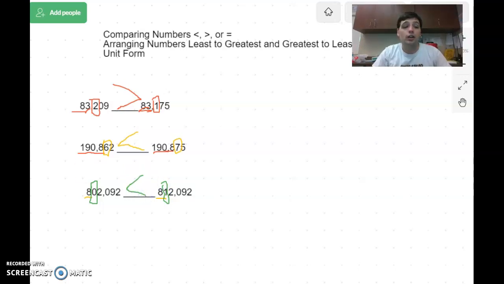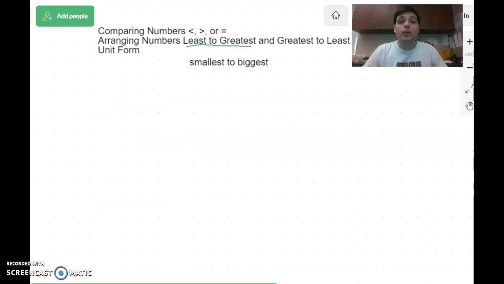Now let's clear this board and let's try to talk about arranging numbers from least to greatest. So when we're arranging numbers from least to greatest, we're going from our smallest number to our biggest number. Let's give you 3 numbers to start with.